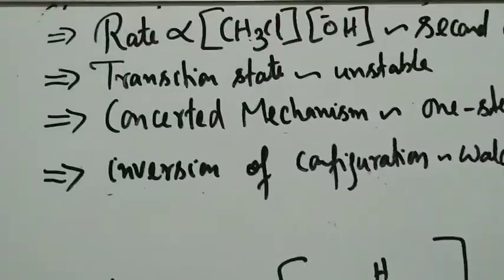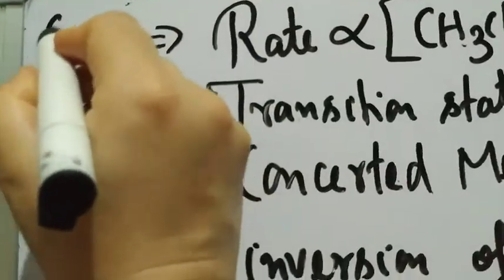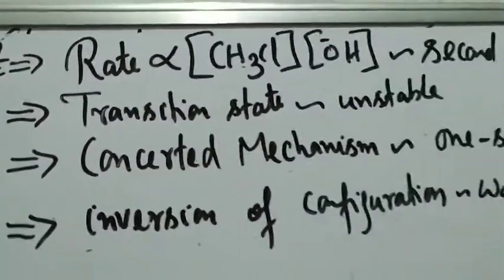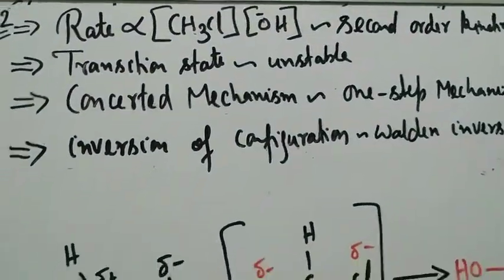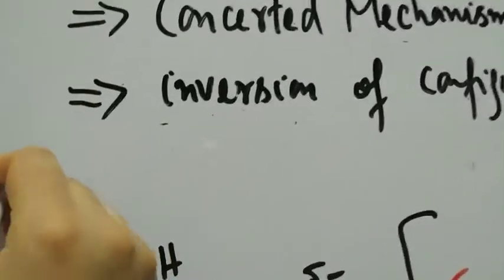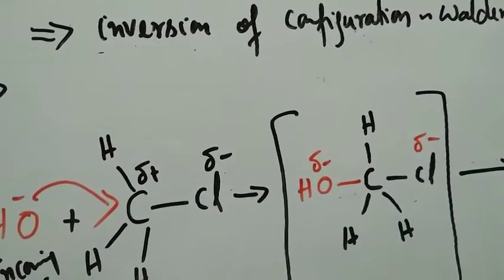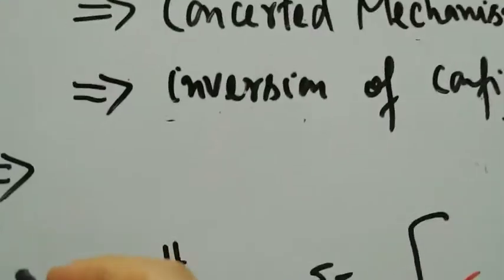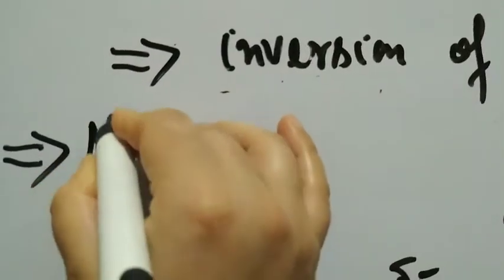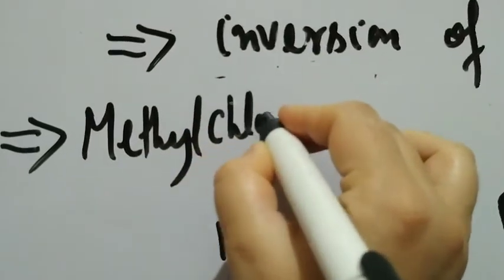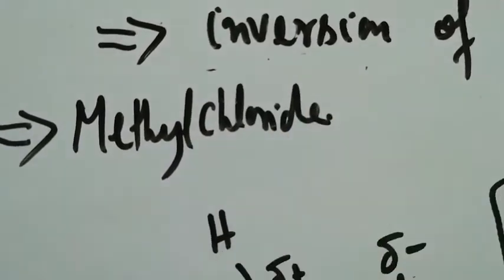Right? We are talking about the SN2 mechanism. These are the important points about the SN2 mechanism. Now the next point is, if you speak of haloalkanes which undergo the SN2 mechanism, the order will be, the first one is methyl chloride, right?